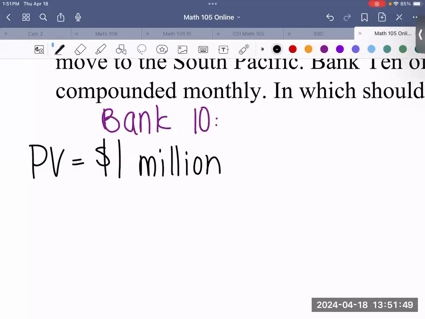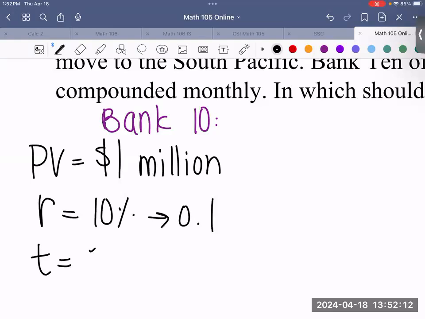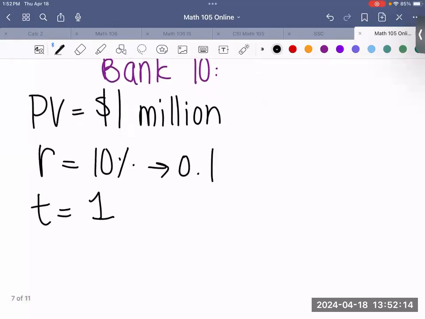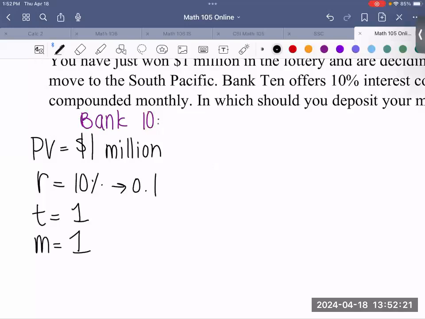I am going to choose to keep this dollar sign as a million amount, which means when I evaluate my answer, it should also be in millions. Now your rate, we have 10% interest or 0.1. Your time, we said, is 1 year. And we're compounding annually for this case.